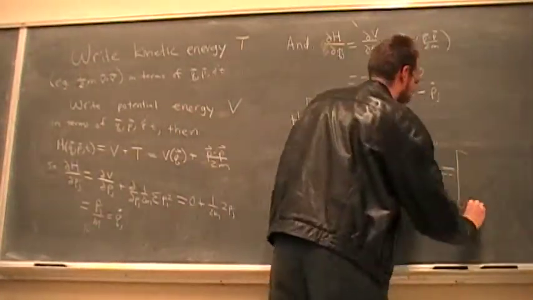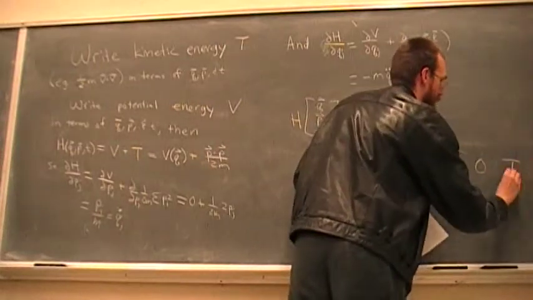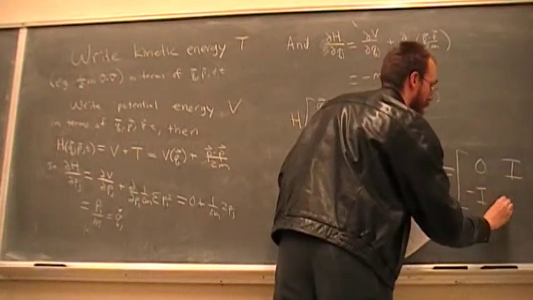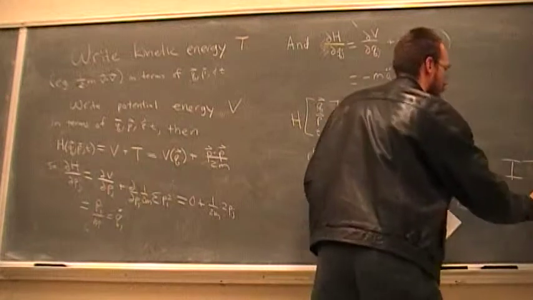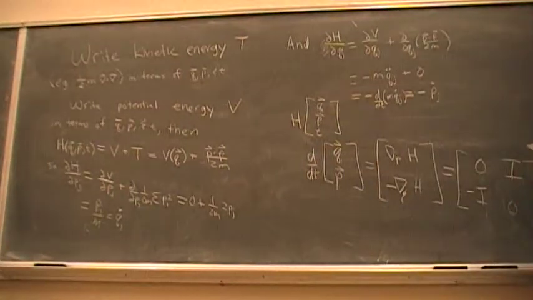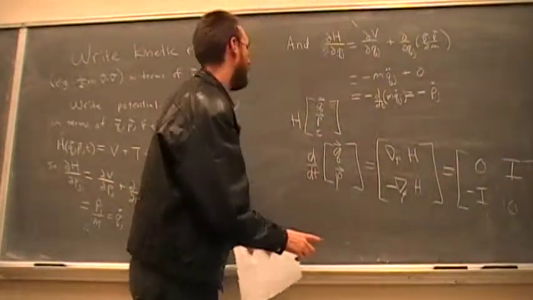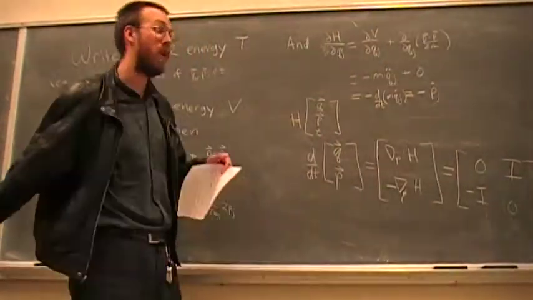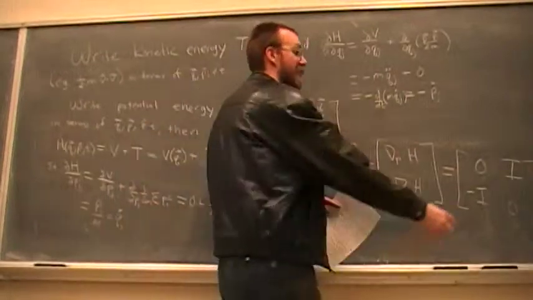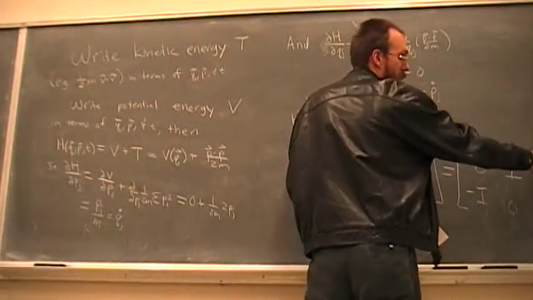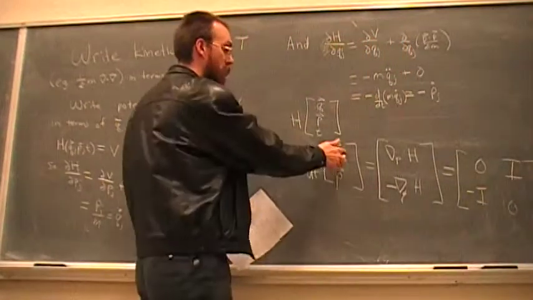I just want to make it really clear that if you just had a matrix like this, you can take an actual gradient of h as a function of the long p and q vector. You'd get a 6 vector. The first 3 components would be with respect to q.